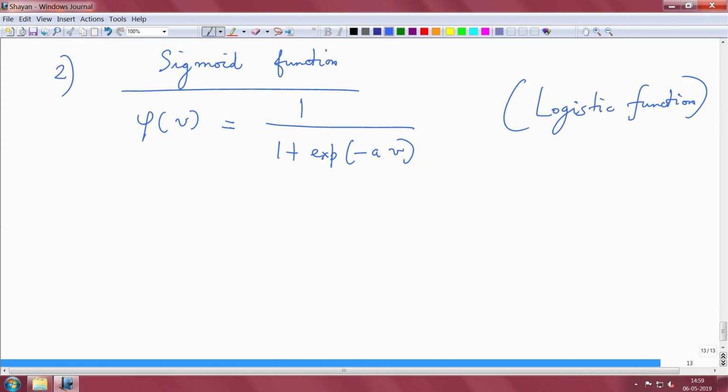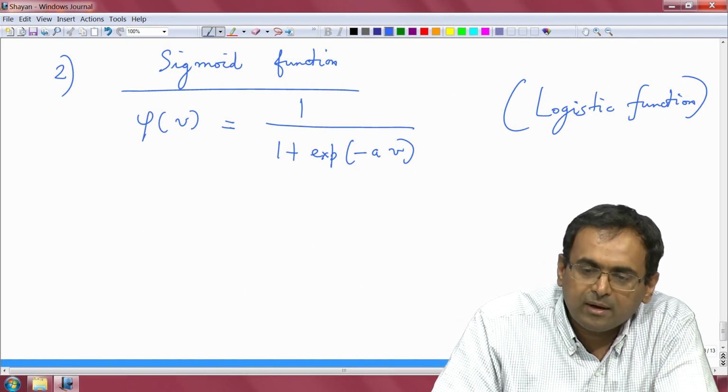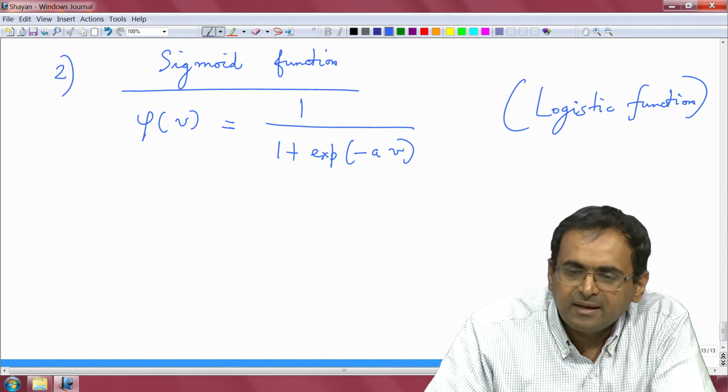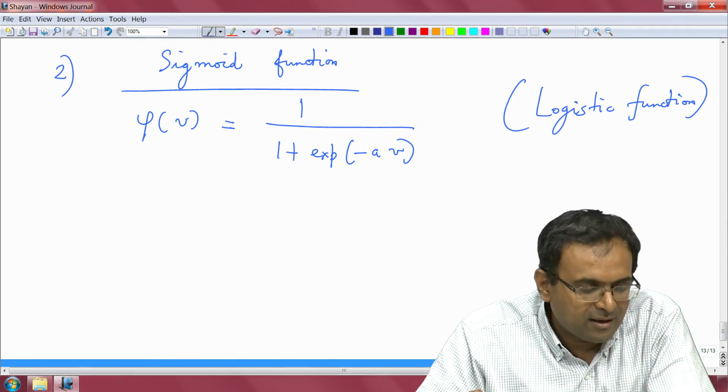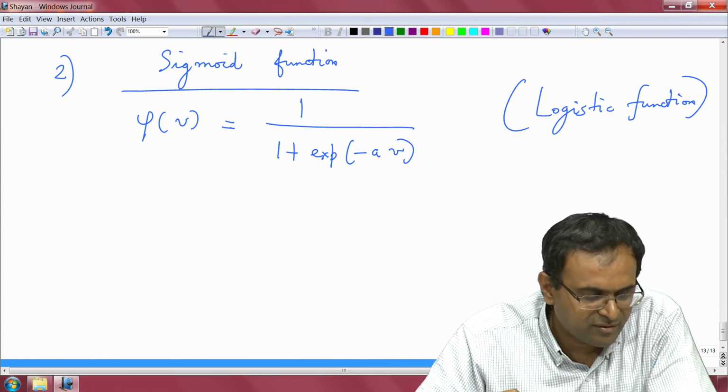If you investigate how this function looks, you can plot the sketch. Exponential of minus a v is an exponentially decaying function if a is positive, and you add one as a bias and take the inverse of it.